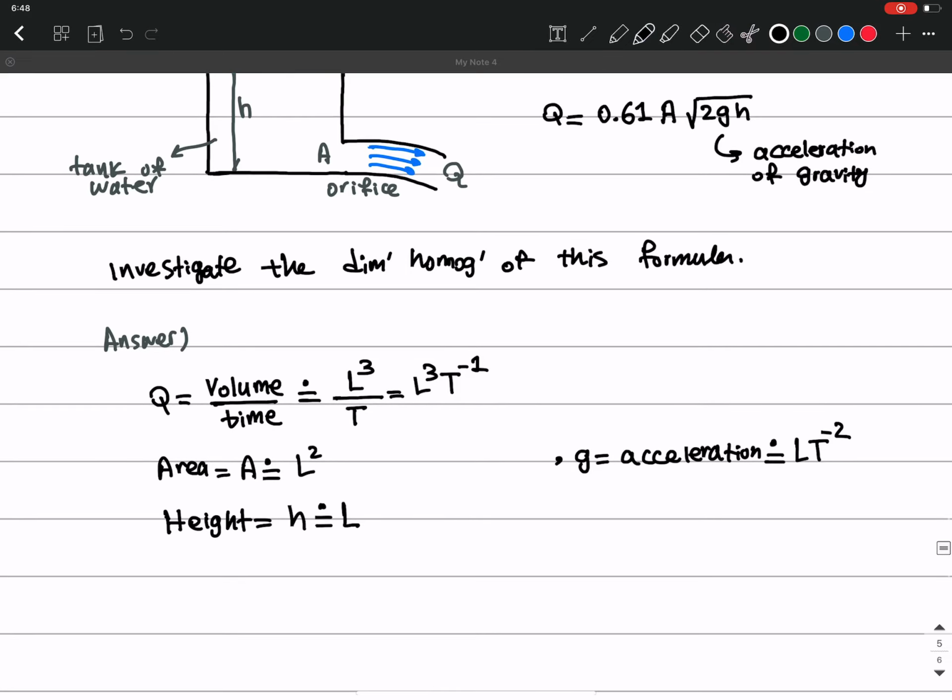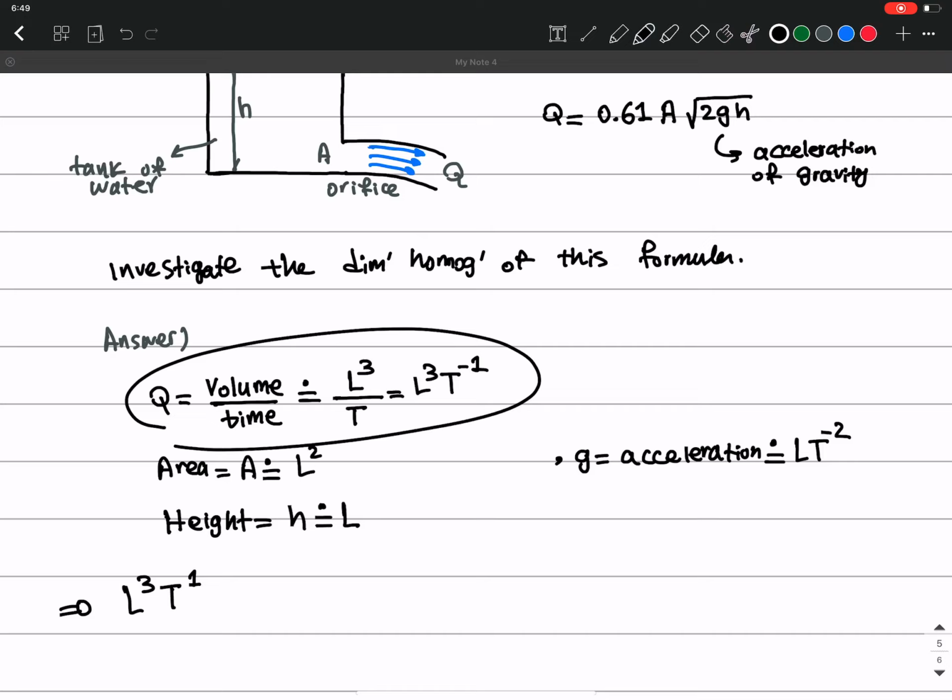Okay. So now let's investigate the dimensional homogeneity of this equation. The left-hand side is Q, the volume rate of flow, so it's going to be L cubed T^-1. I just wrote it from here.